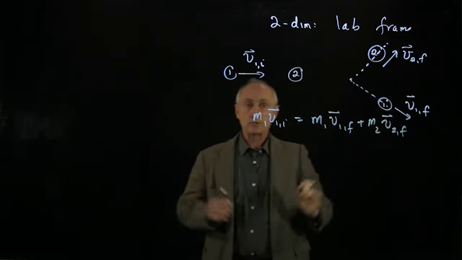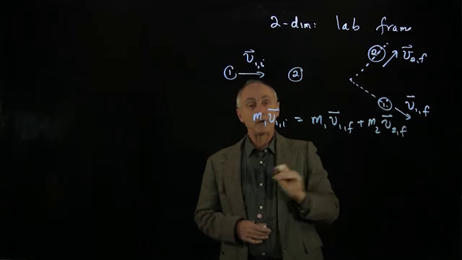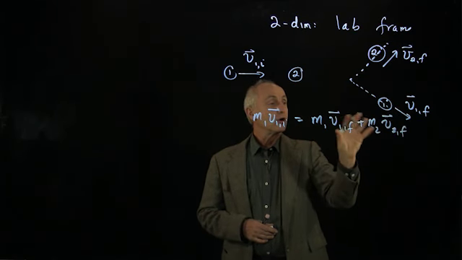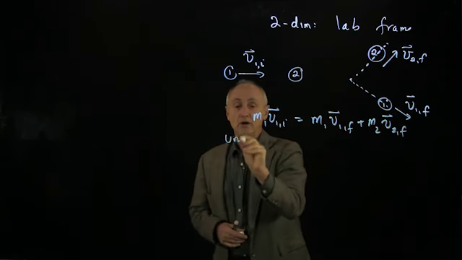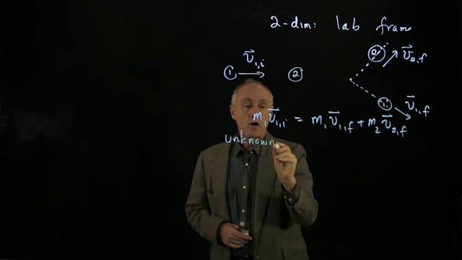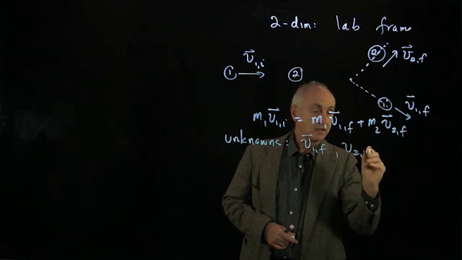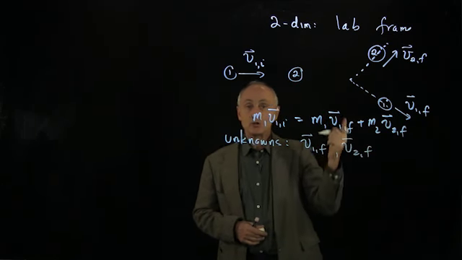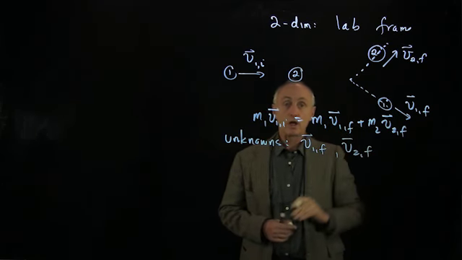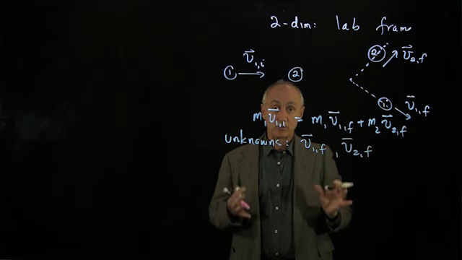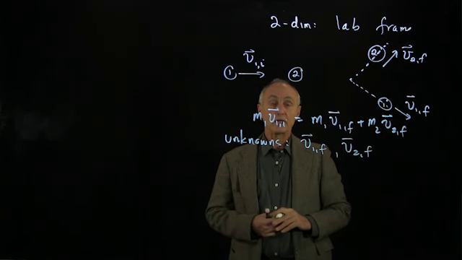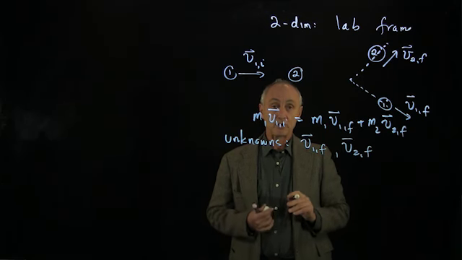Now, recall that momentum is a vector. And so what we have here are the unknowns, our two outcoming vectors, v1 final and v2 final. And a vector in two dimensions has two quantities. We can write that as components, or we can write it in terms of magnitudes and directions.